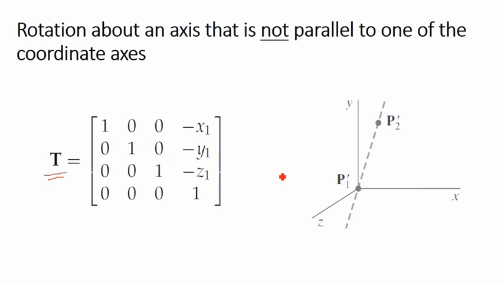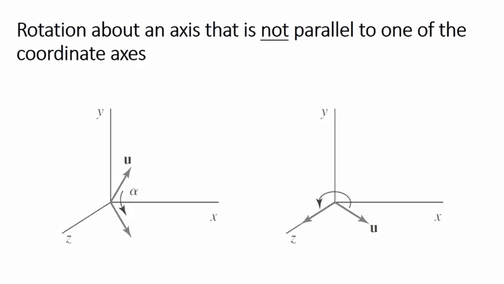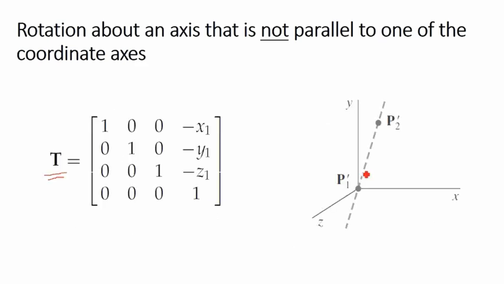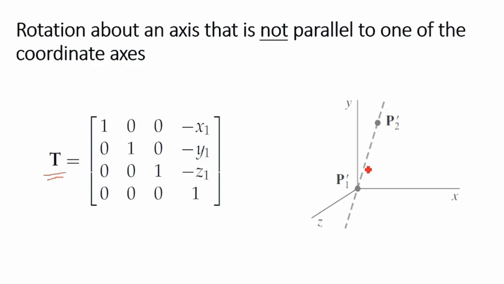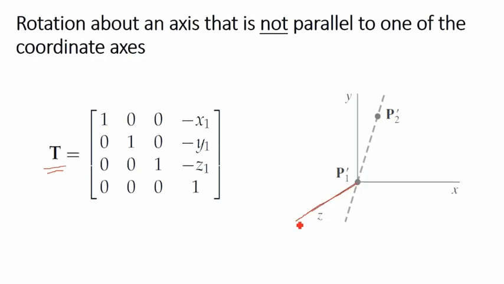Now once this happens, our next step would be to rotate this axis in such a way that it comes and sits on the Z axis. To do that, I might need the angle between the original orientation of the axis and the Z axis.